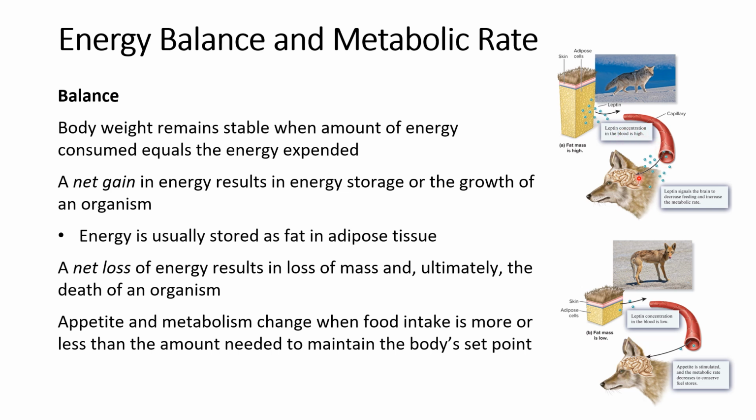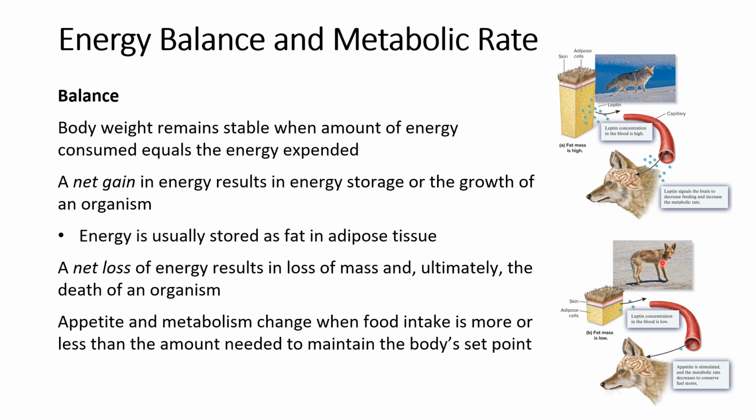It's high, and the result is a signal in the brain that will decrease appetite and increase metabolic rate. Meaning he will want to eat less, and his body will burn fat more to shed that extra body mass that is no longer needed for the cold winter.